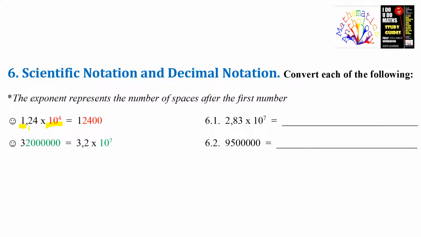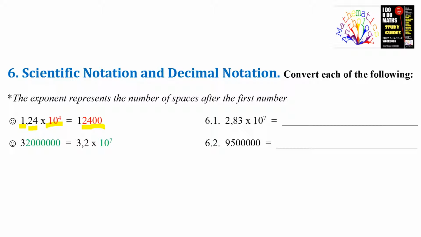So 2 and 4 will take up the first 2 places after my first number, and I need 2 more places to give me 4 places after my first number. So I'm going to just put a 0 and a 0 there because I have no more numbers to fill in. So 1.24 times 10 to the power 4 will be 12,400.